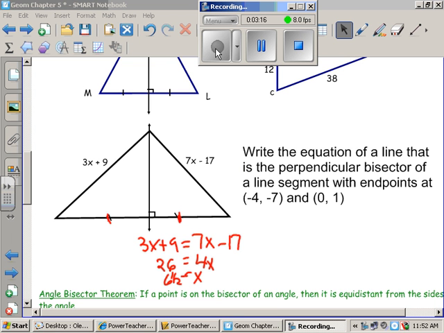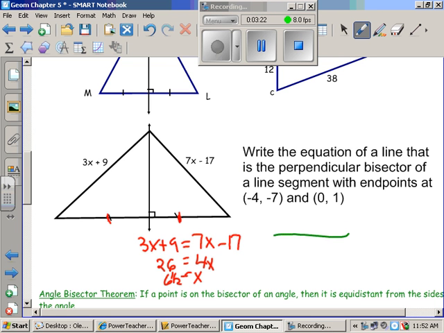To find a point on my line, the midpoint between the two endpoints is going to be on my perpendicular bisector, because it bisects that segment.